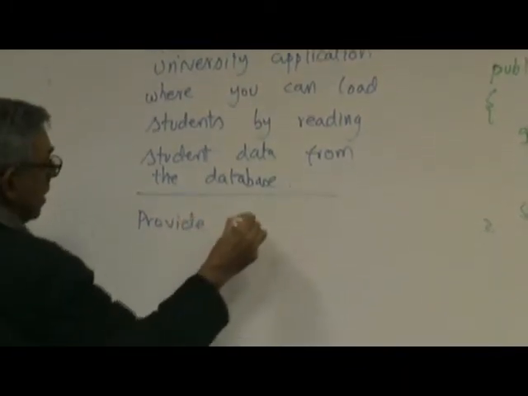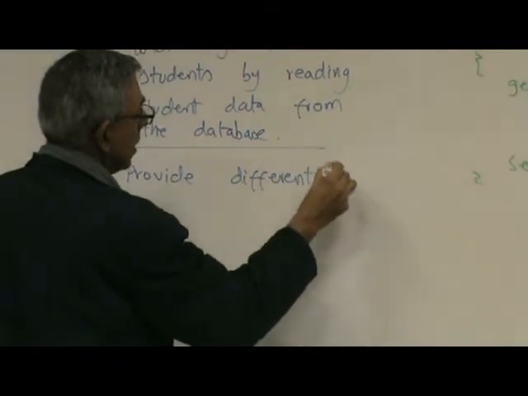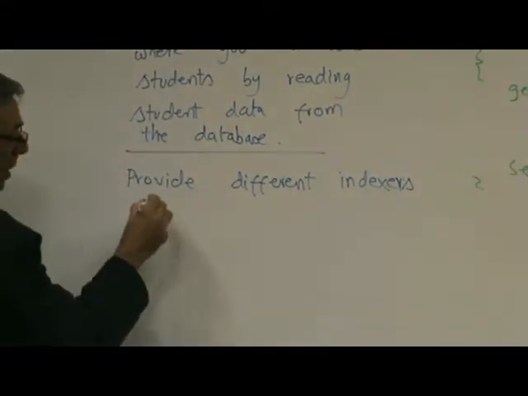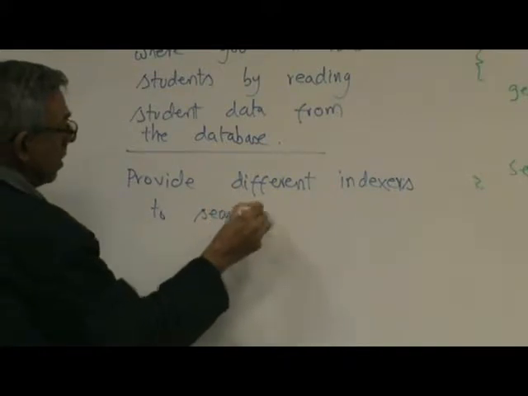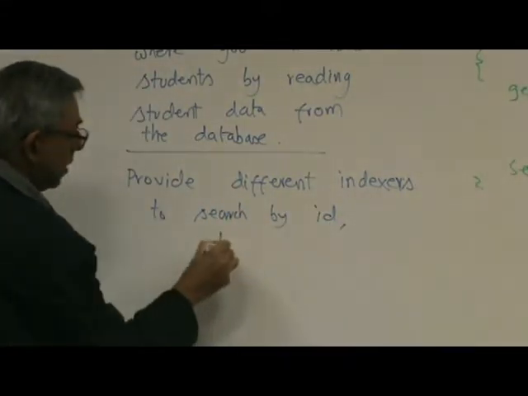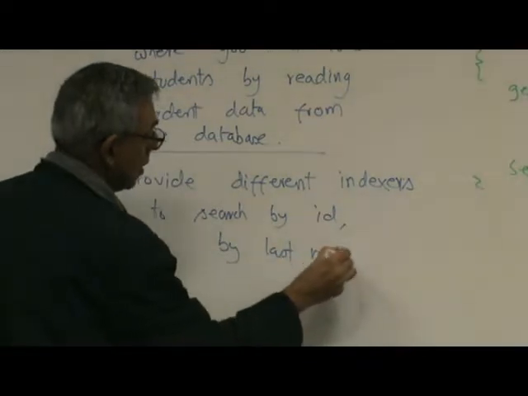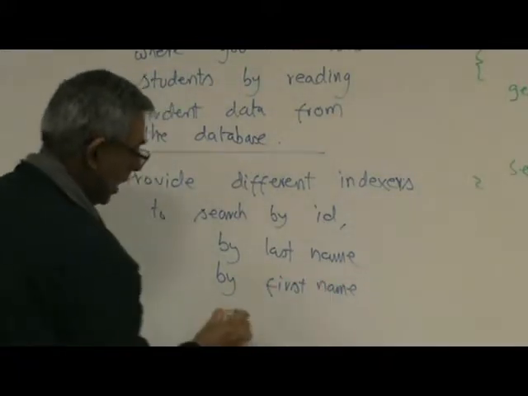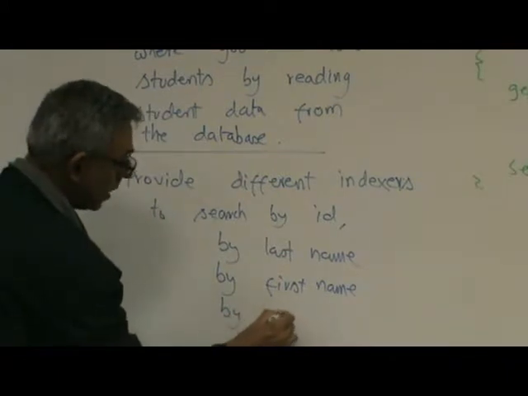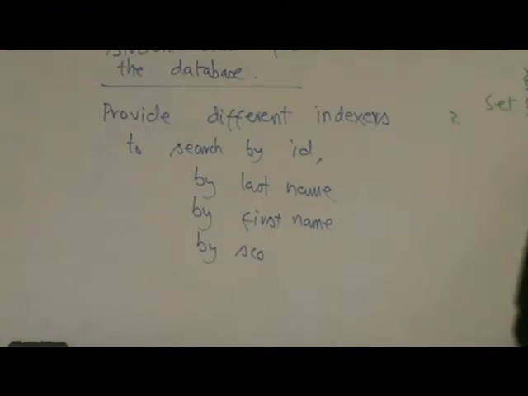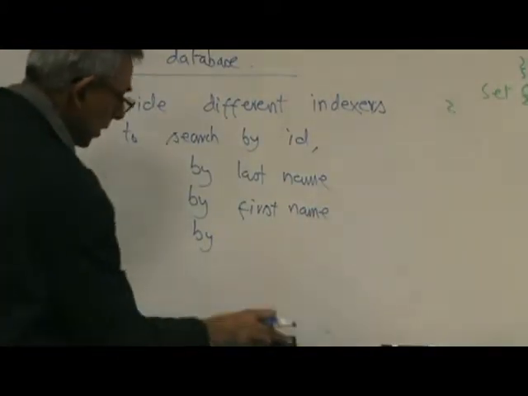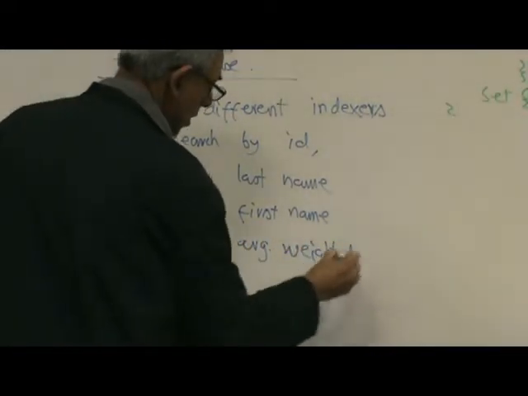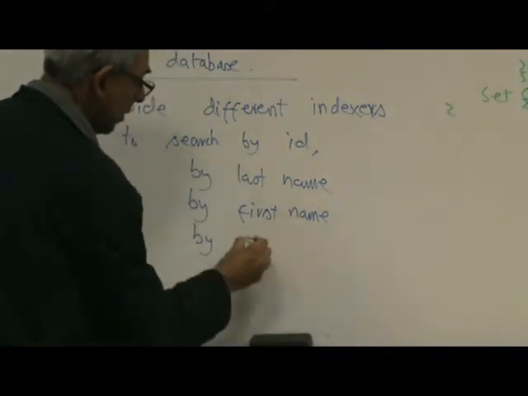provide different indexers. For example, to search by ID, by last name, by first name, by score, by average score, average weighted score, or let me say by grade.